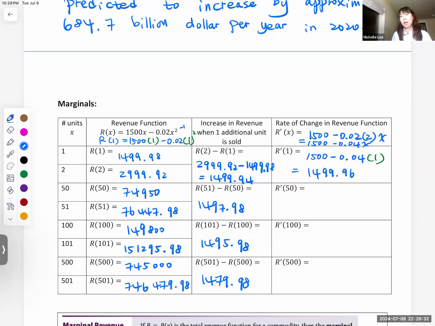Okay, now R prime of 50, then we know how to calculate. So it's 1498. R prime of 100 is 1496. R prime of 500 is 1480. Yeah.